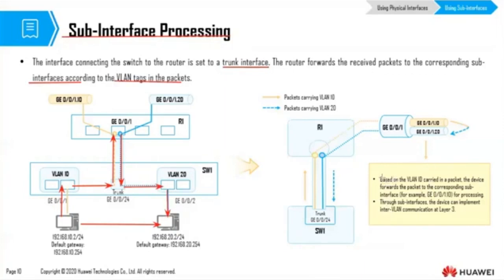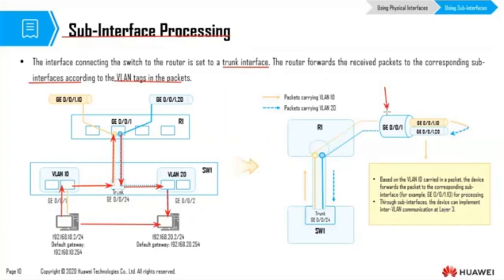So let's read this. Based on the VLAN ID carried in a packet, the device forwards the packet to the corresponding sub-interface for processing. Through sub-interfaces, the device can implement inter-VLAN communication at layer 3.